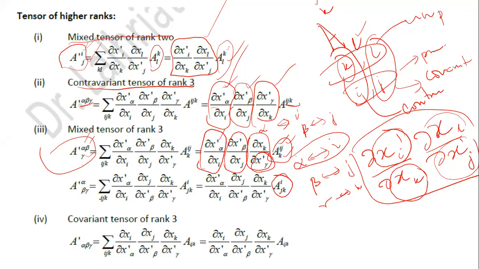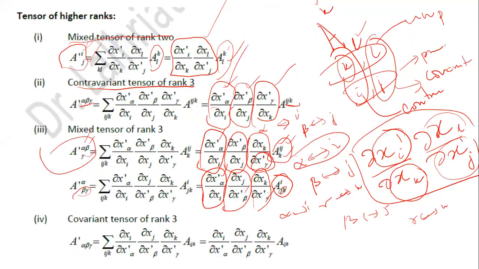So alpha and I are the contravariant indices, so the partial derivatives will involve del x alpha prime in numerator, del x I in denominator. However, beta and j, gamma and k are the covariant indices. So the partial derivatives will involve the prime variables del x beta prime and del x gamma prime in denominator, while the unprimed del xj, del xk are in numerator.